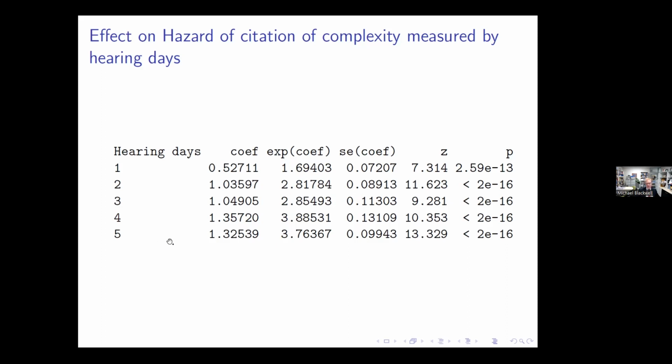And a hearing of 5 or more days multiplies the hazard by 3.8, essentially. And so the longer the number of days of hearing, the more likely a case is to be cited as authority.